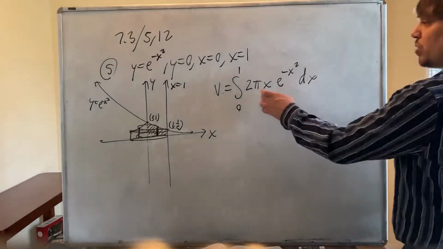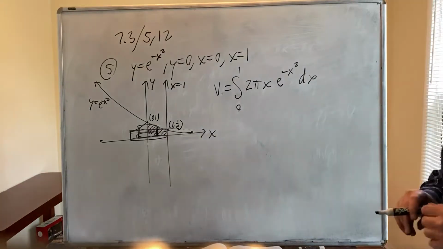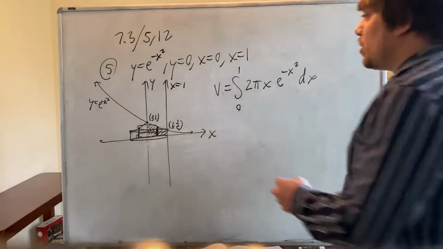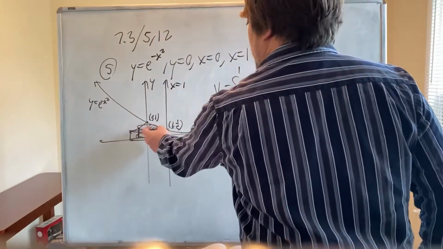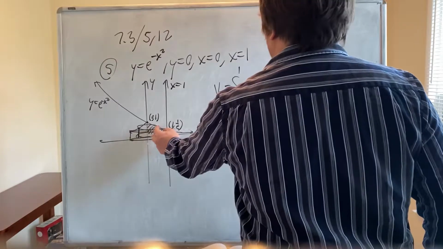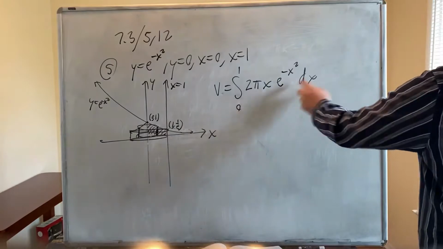You can't always just go 2 pi x f of x, because like I said, sometimes the radius will be different, sometimes the height is different. Sometimes the height is the difference of two functions. But anyway, 2 pi x is the circumference because the radius is the x coordinate of this point, and the height is the height of the function y equals e to negative x squared. So 2 pi x h.